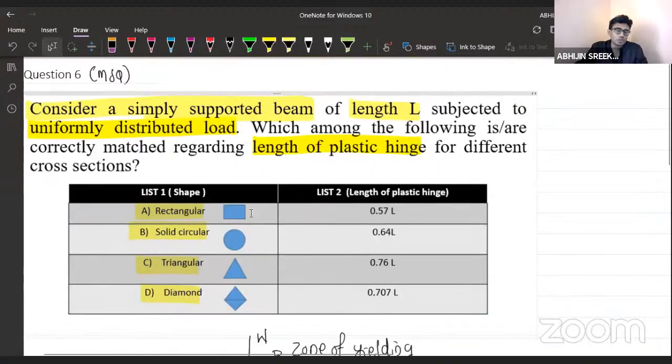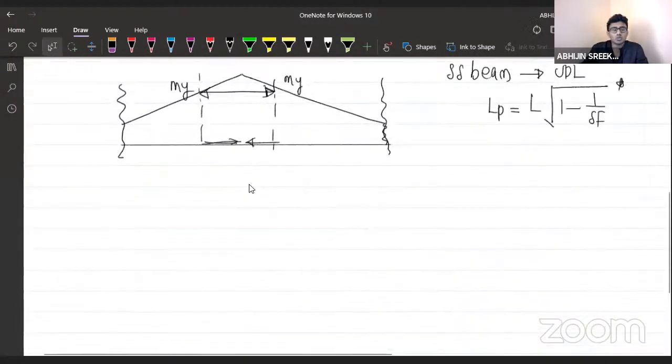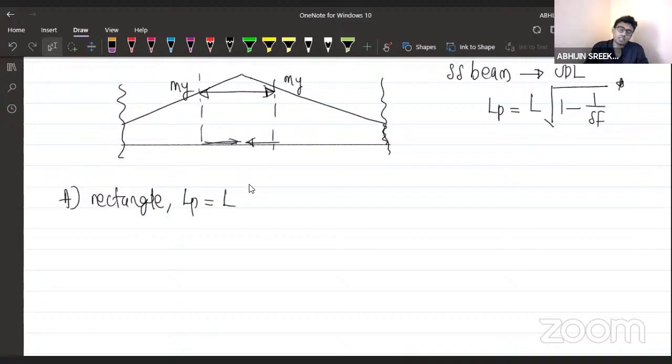So here we are given some questions: rectangle, circular, triangle, and diamond. For the first one, section A, rectangle, I'm writing it directly. LP will be equal to L root of (1 minus 1 by SF). What is the shear factor value? It is 1.5.